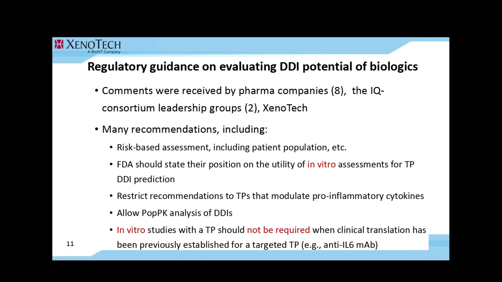We certainly agree with that. Recommendation to allow population PK analysis of DDIs, and recommendation that in vitro studies with the therapeutic proteins should not be required when clinical translation had been previously established.